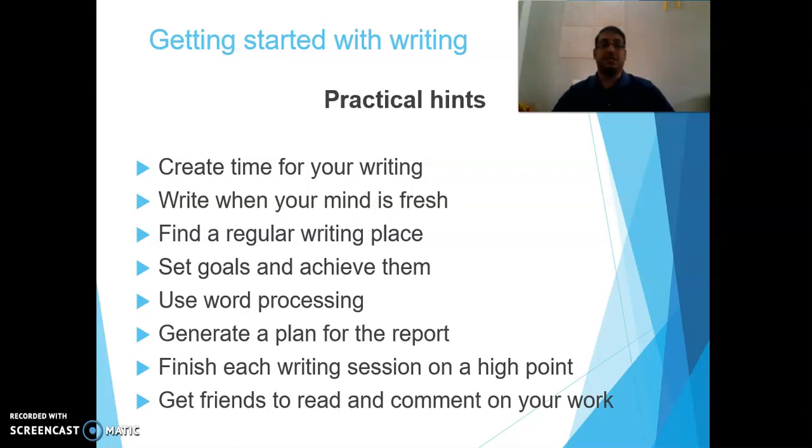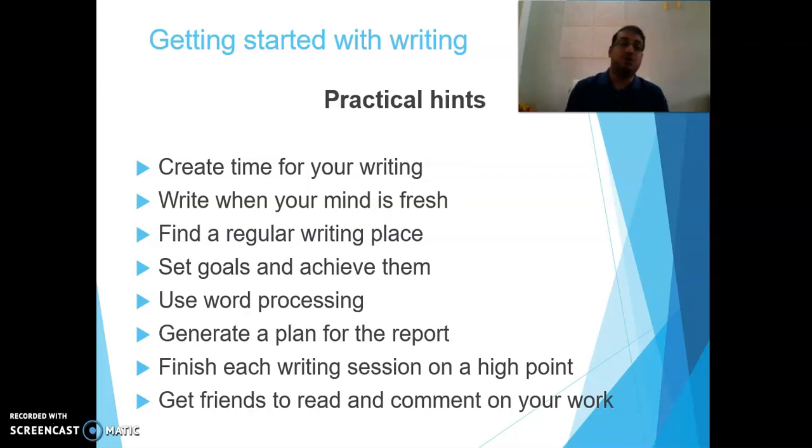This topic is very significant for you as well as for beginners. So before getting started with writing, you have to create time for writing. Then write when your mind is fresh. Find a regular writing place in your reading room. Then you need to set goals: how many words, how many pages you are going to write, then achieve them.